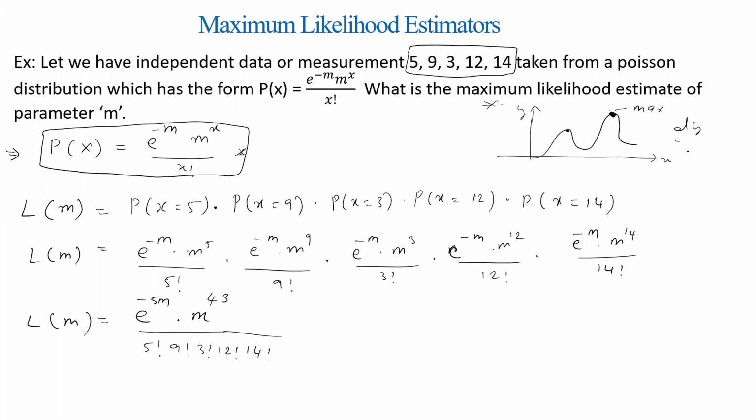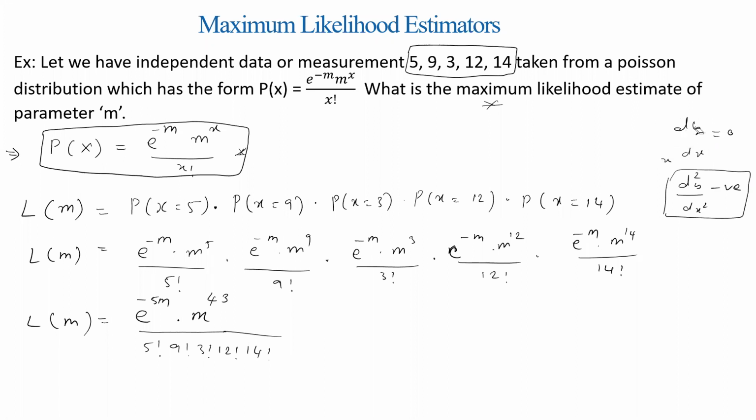We always differentiate with respect to x and equate that to 0. If we do this, we will get the maximum value. But there may be a chance that we get a local maximum, we may get this value also. So to verify whether it is a maximum value or not, we differentiate a second time and check whether this is negative or not. If the second derivative comes negative, then we can conclude that the dy by dx value, whatever you have got after equating to 0, is a maximum value.